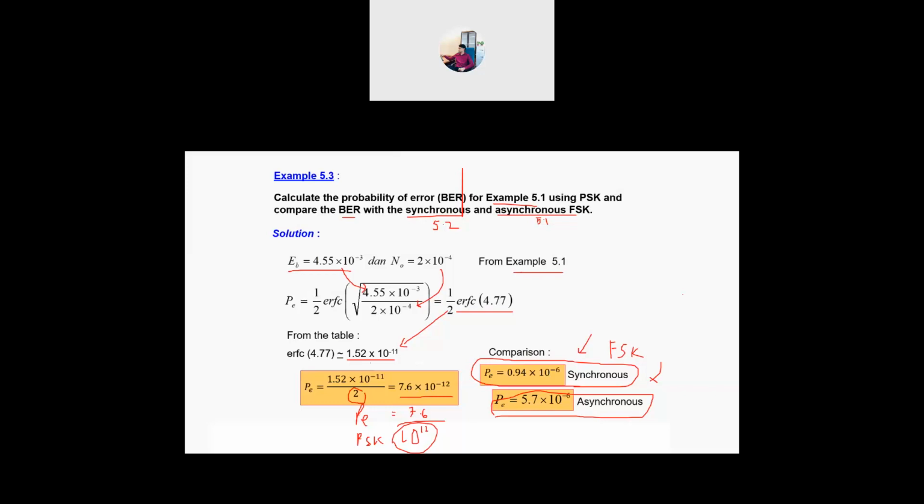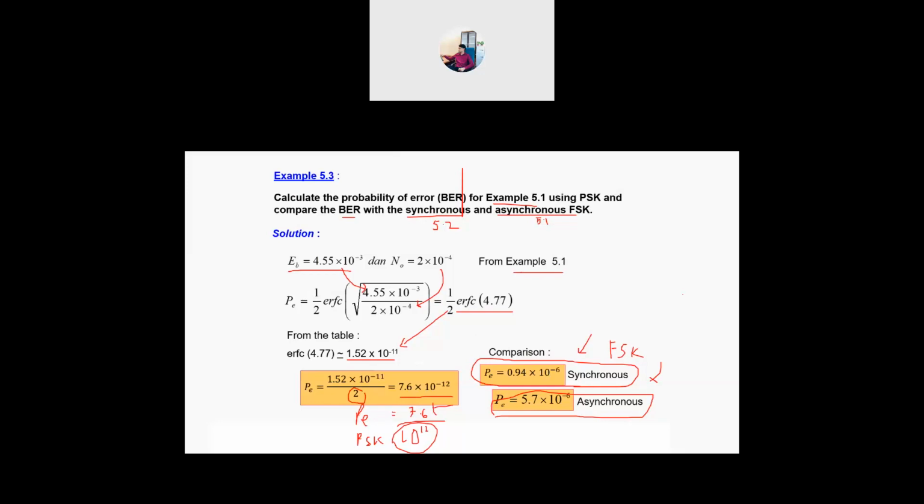This is one of the ways to prove it. Let's say you get a question asking you to prove. Sometimes you calculate first and then make a conclusion based on your answers. Obviously PSK has a better bit error rate, because you only get 8 bits over 10 to the power of 12 bits.